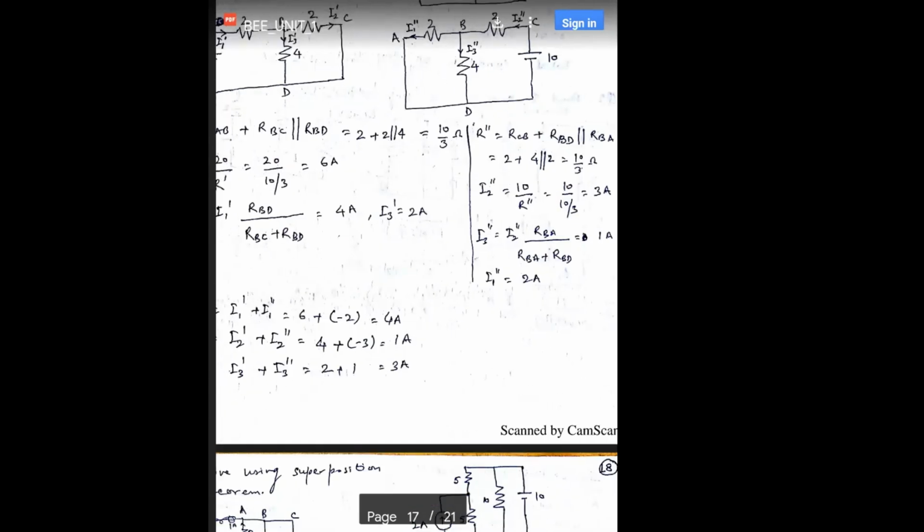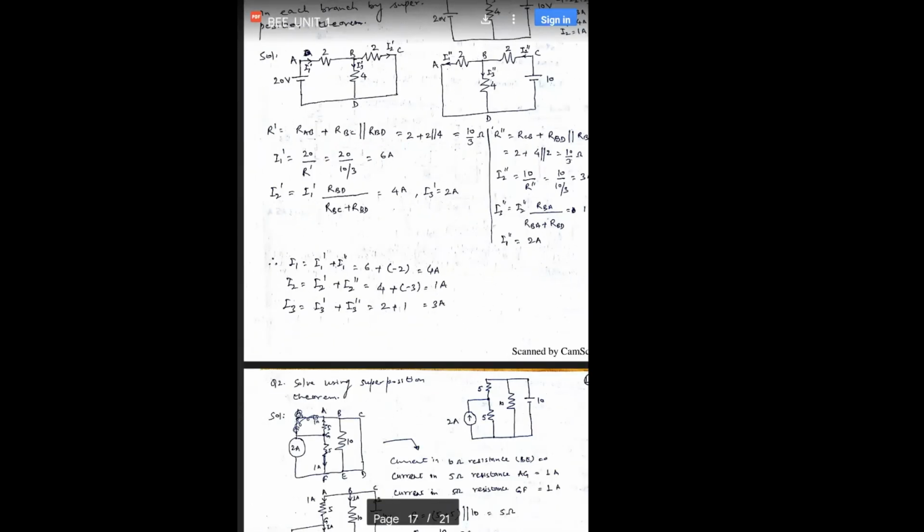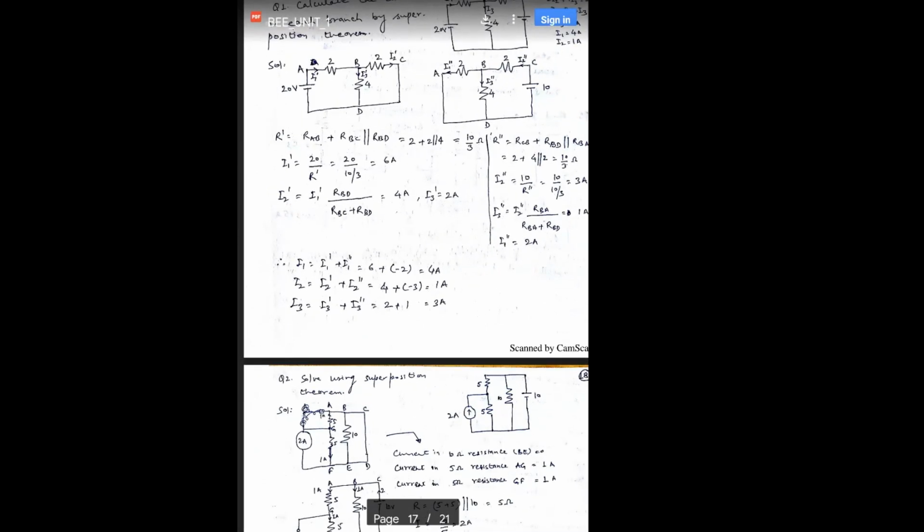So if one of the currents, 1 ampere, is calculated, then the other is 2 ampere. Okay, so now what we have done, we have calculated the magnitude and the direction of the current flowing through the circuit when the voltage sources are taken one at a time.